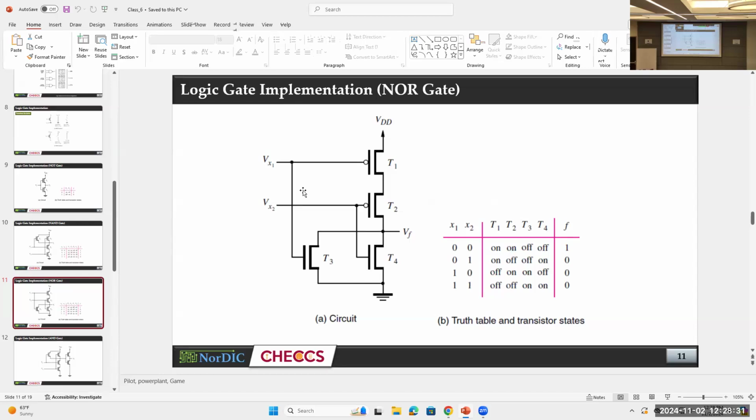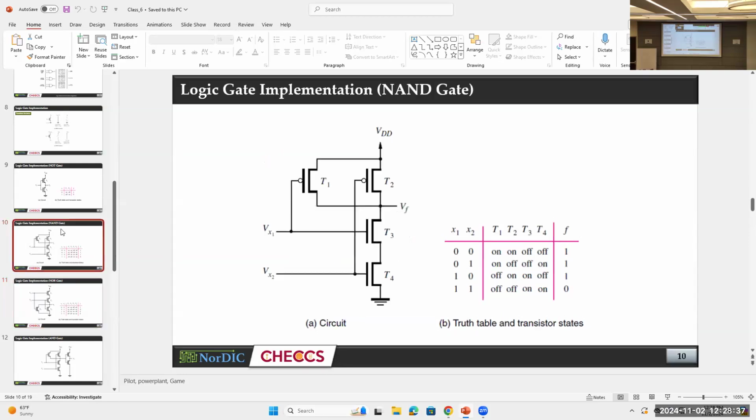In the same fashion, I think you will be able to do this for all the gates. The other gate circuits are already given in the slide. Like this is the NAND gate. I'm not going to show that because it will be repetitive. You already get the basic idea.